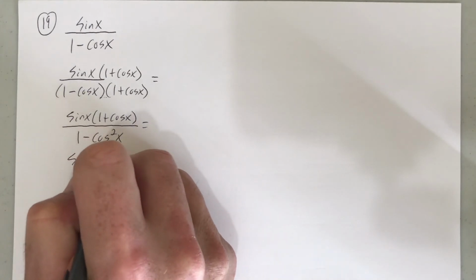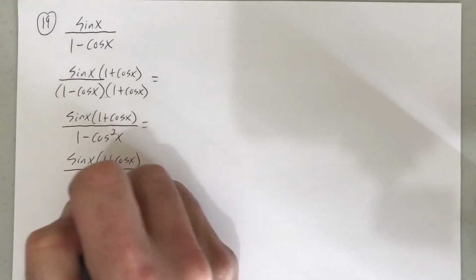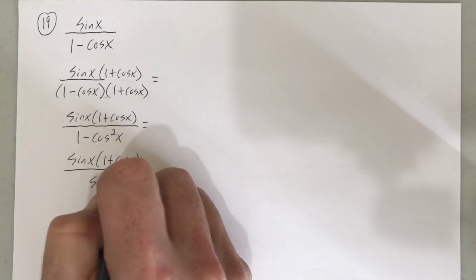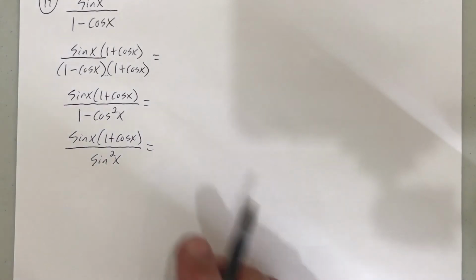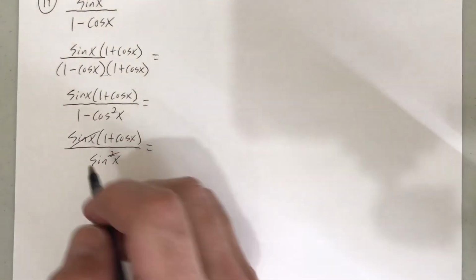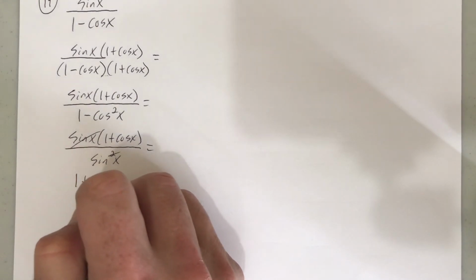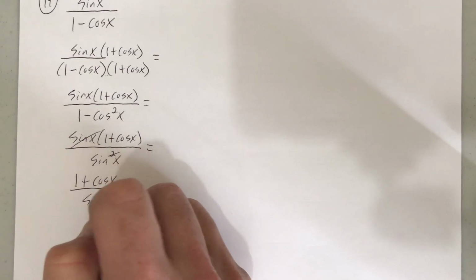So I have sine x times 1 plus cosine x over sine squared x. And then, like I said, I can go ahead and reduce the one up top here with 1 in the bottom. So that leaves me with 1 plus cosine x over sine x.